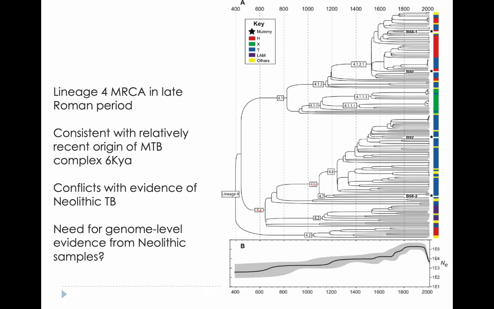It certainly conflicts with some PCR evidence of Neolithic TB, and the question's still open as to when TB actually moved into humans and when were the first human cases. But again, another point that I should say is that these TB strains that we analysed from 200 years ago are very, very closely related and nested within the diversity we see in modern TB lineages.